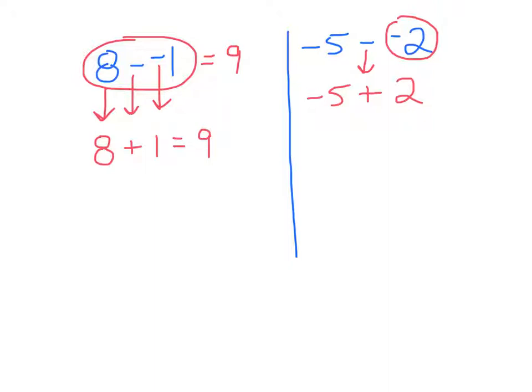Now I'm going to use those rules for addition. The numbers have different signs. One's positive, one's negative. So the difference between those two numbers is 3. And the number with the higher absolute value is that negative 5. So the answer to this is a negative 3. So negative 5 subtract negative 2 is equal to negative 3.